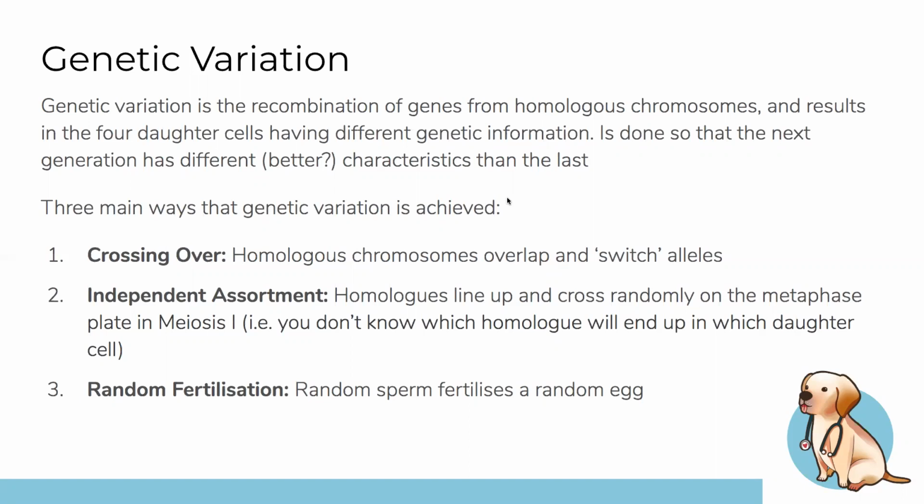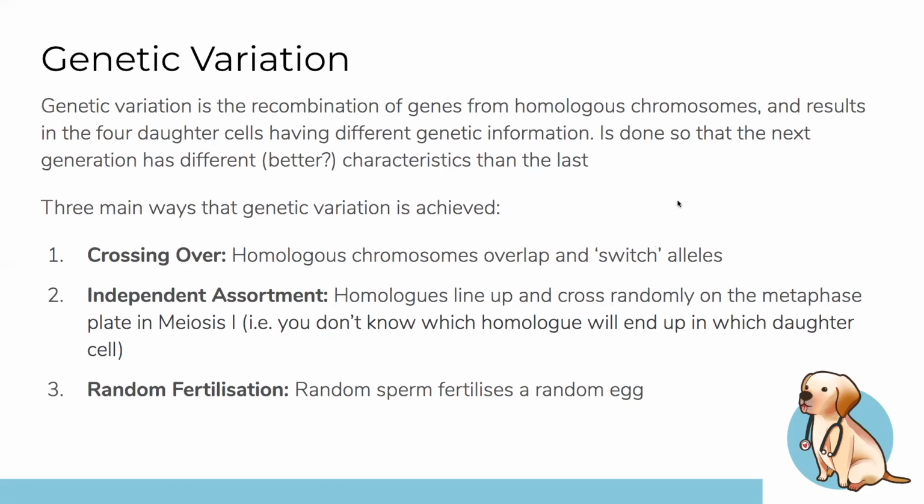Basically, when they line up at the equator, they're very close to each other, so they can overlap. One thing is crossing over: their legs will overlap and they'll switch. Independent assortment is when they line up and there's no particular order to how they line up.